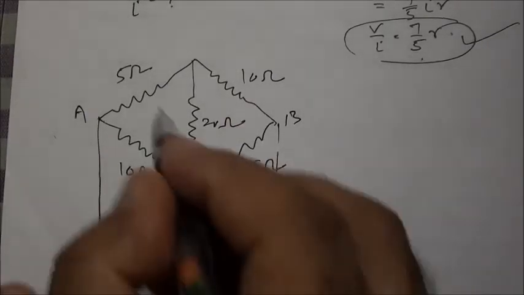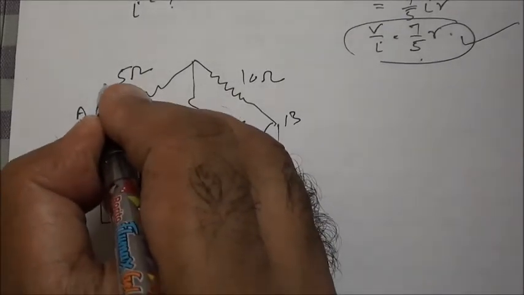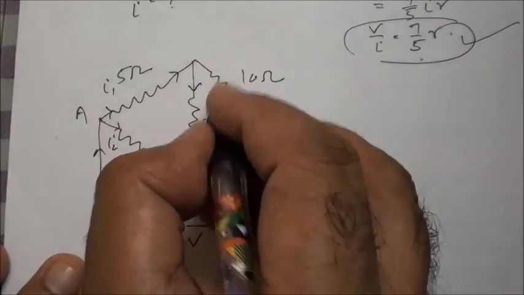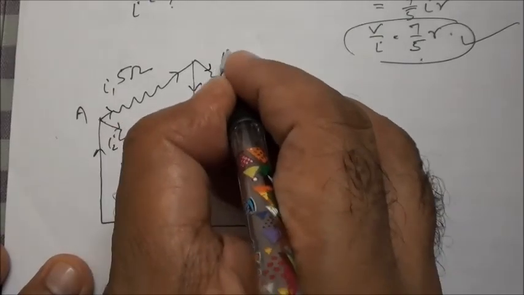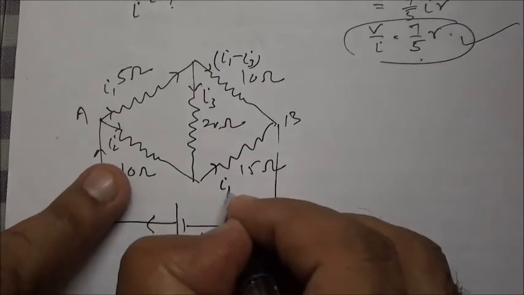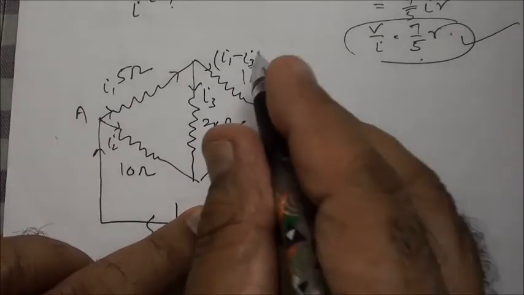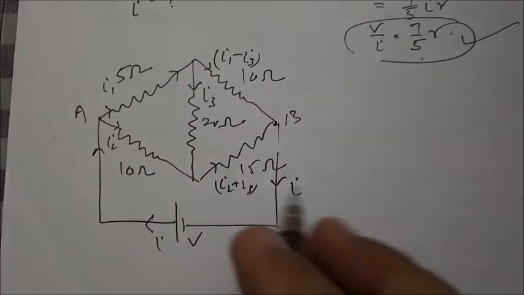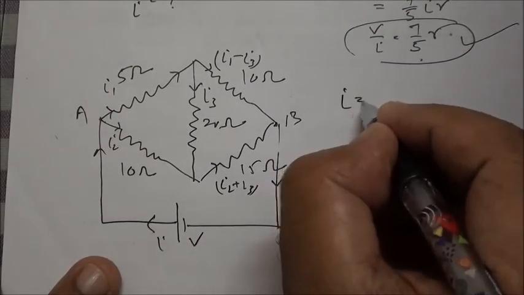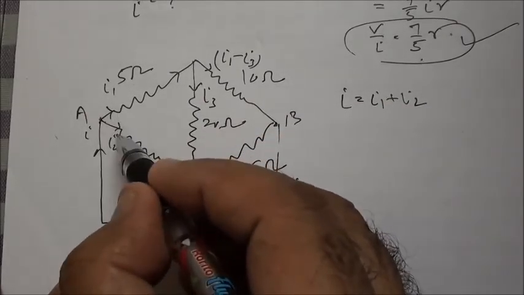Again V, let current be I, and then again take the current distribution. Let us say I1 current here, I2 here, let the current through this be I3, so it will be I1 minus I3, and then here it will be I2 plus I3, this plus this, and then here this plus this, so I3 gets cancelled, I1 plus I2, which is I. So now one equation becomes I is equal to I1 plus I2.